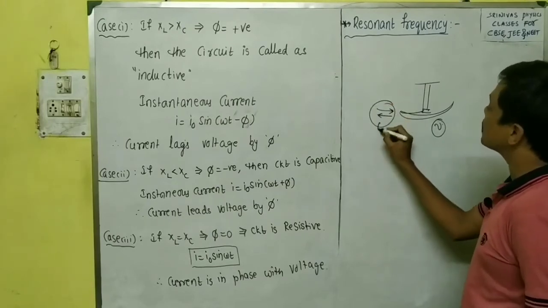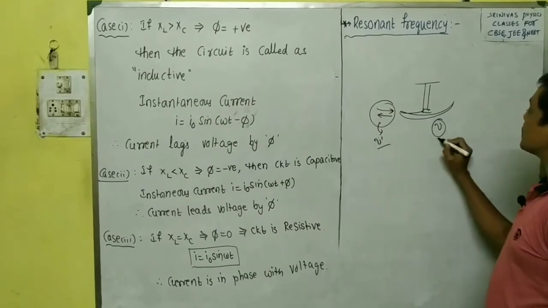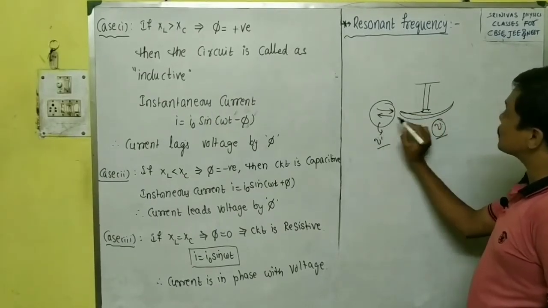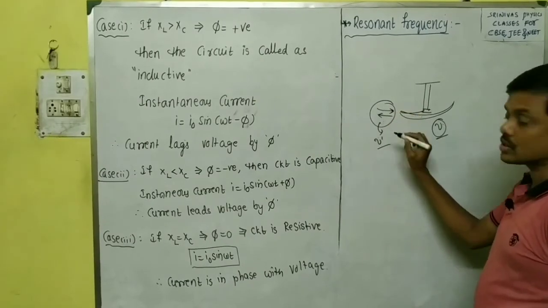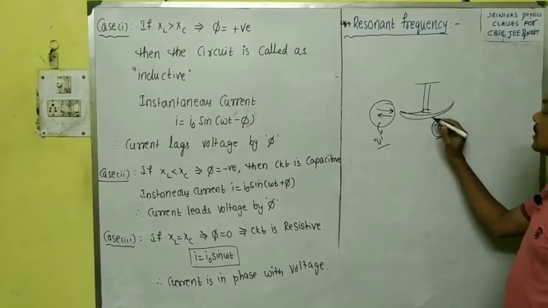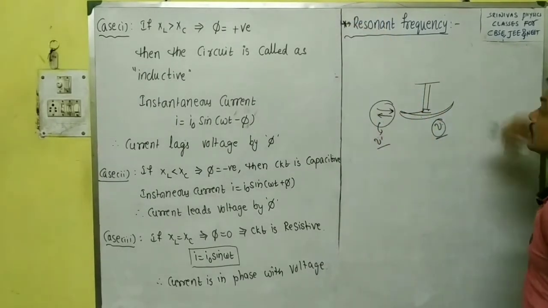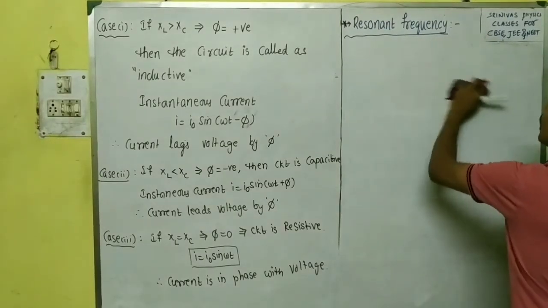That pulling and pushing frequency is the applied frequency. If the natural frequency of the swing is equal to the applied frequency of the force, then the swing oscillates with large amplitude, right? That is called resonance. Resonance means the frequency match should occur.